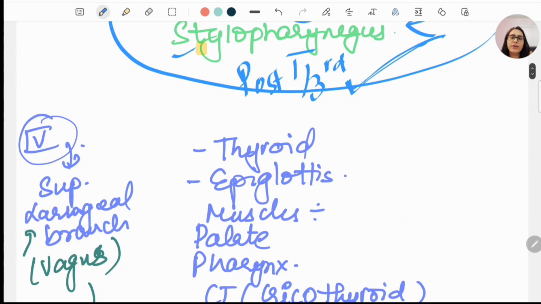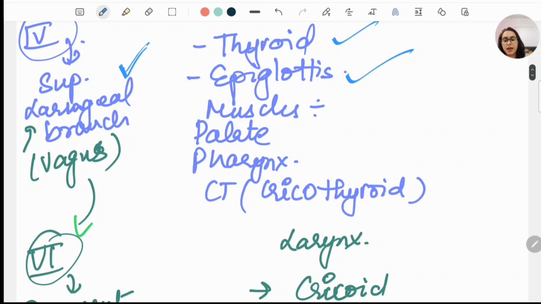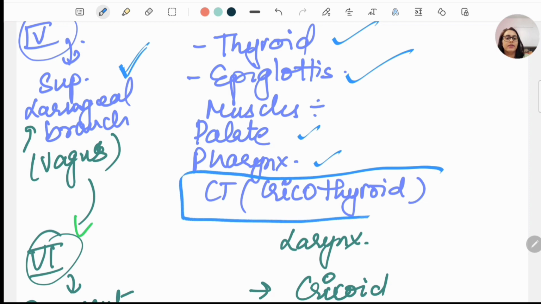When we talk about derivatives of the fourth pharyngeal arch, we have the superior laryngeal branch of the vagus nerve supplying the fourth pharyngeal arch. We have thyroid and epiglottis. The muscles, again palate and pharynx, and only one muscle of the larynx is supplied by the superior laryngeal branch of the vagus nerve, which is a derivative of the fourth pharyngeal arch, is CT.